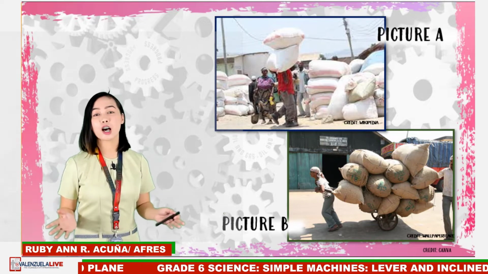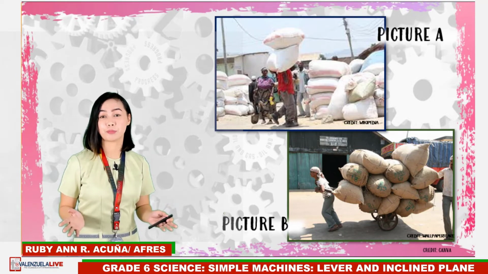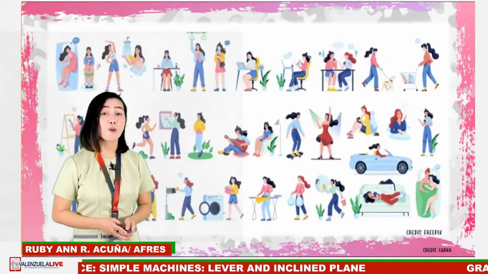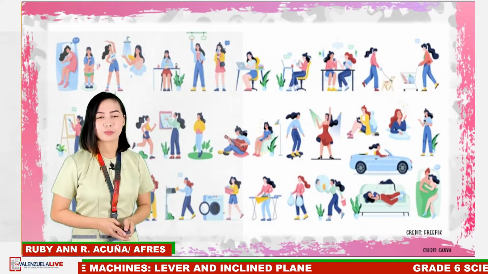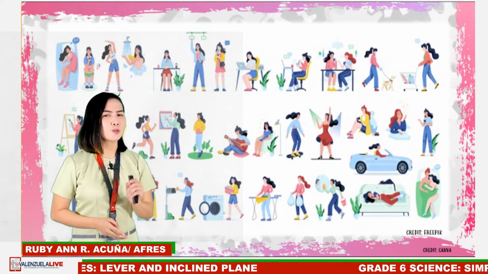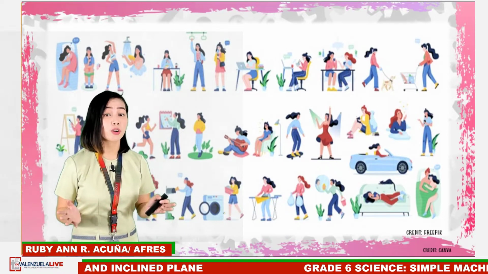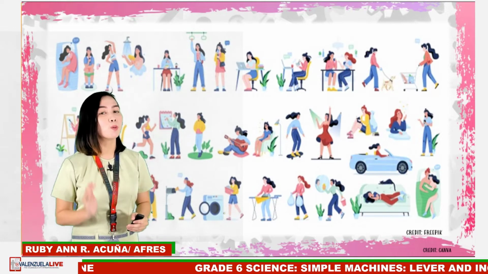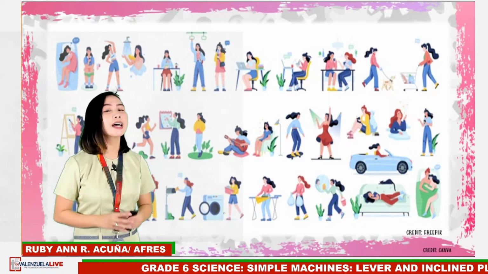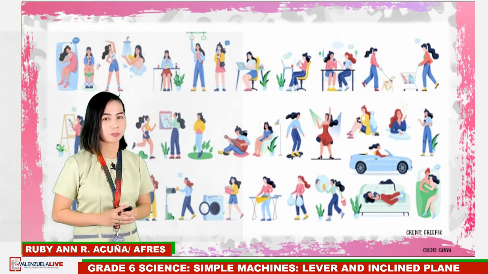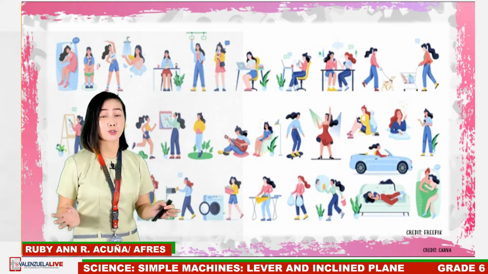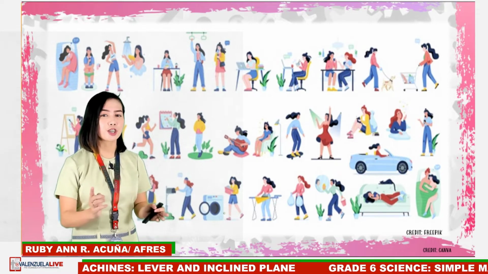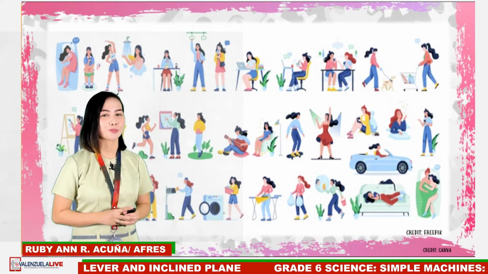We have a lot of work to accomplish every day. To be able to do work, we must exert force or effort. If we will just make use of our hands or our body to do work, we will apply more body energy and get tired easily. We need objects to lessen the force that we are using and finish our work faster.